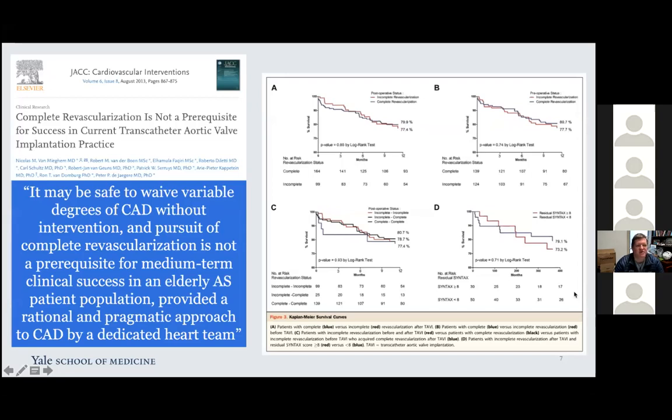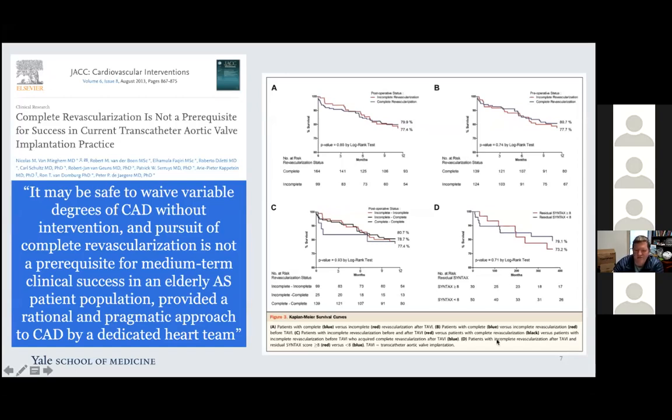The conclusion is that it may be safe to waive variable degrees of coronary artery disease without intervention. Pursuit of complete revascularization is certainly not a prerequisite for medium-term clinical success in an elderly aortic stenosis population, provided a rational and pragmatic approach to coronary artery disease by the heart team.